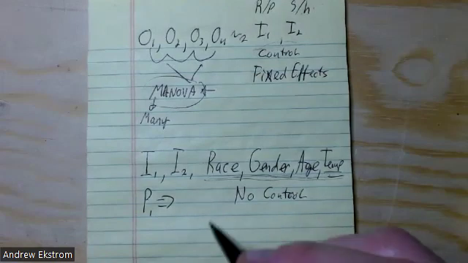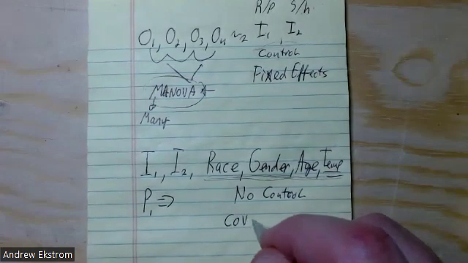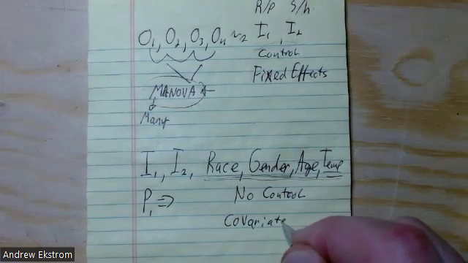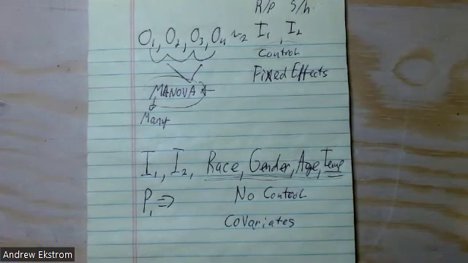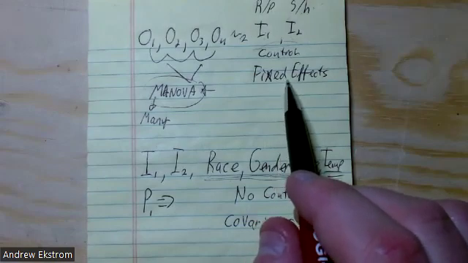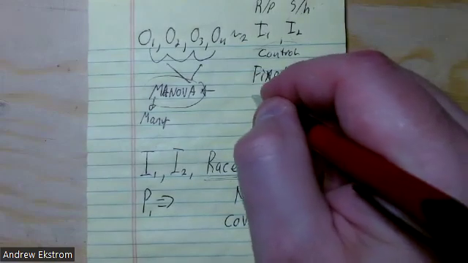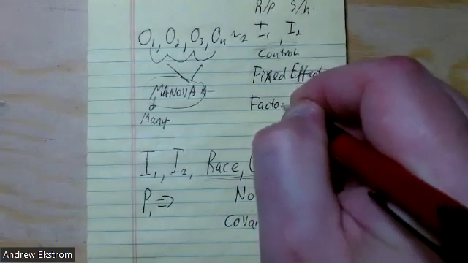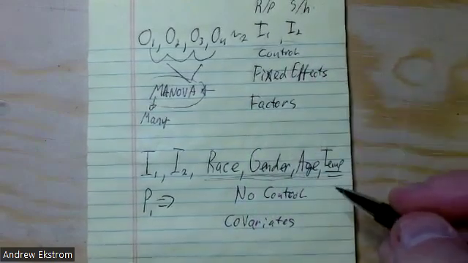If you take certain stats classes, they're going to call these covariates. And up here, the things that you do have control over, they might call them factors.